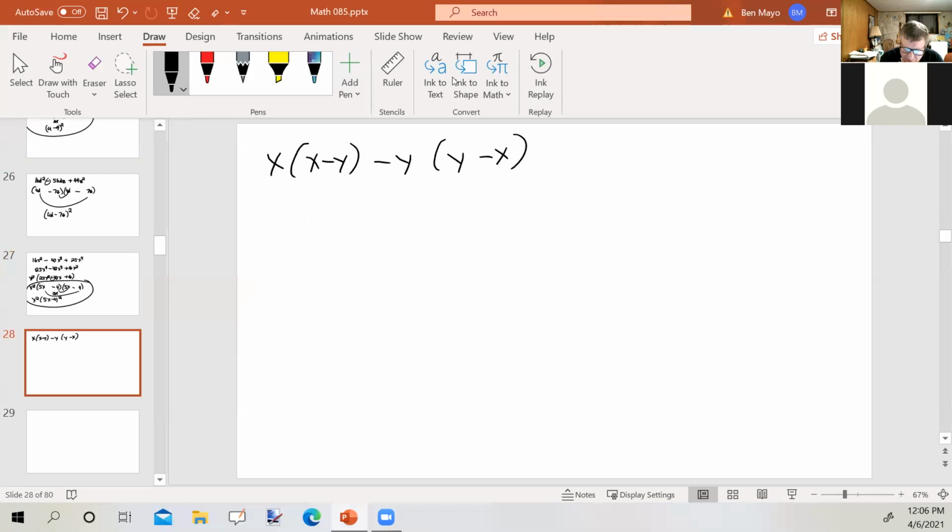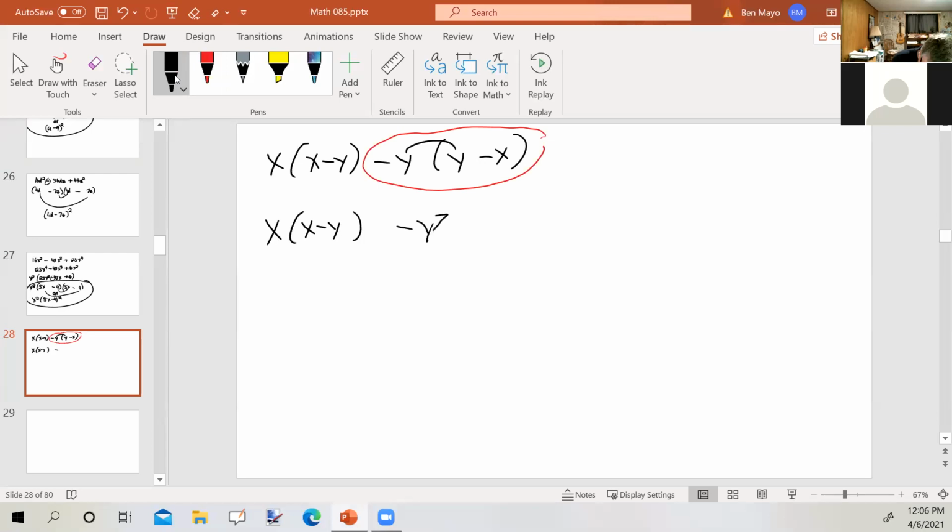The things in parentheses don't match, do they? Could I somehow manipulate this so that the parentheses had x minus y? Let's see. I'm going to do this.